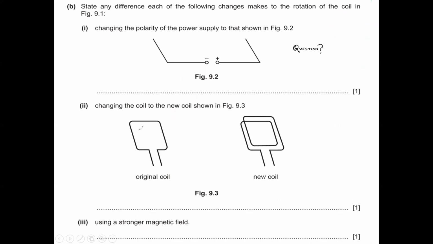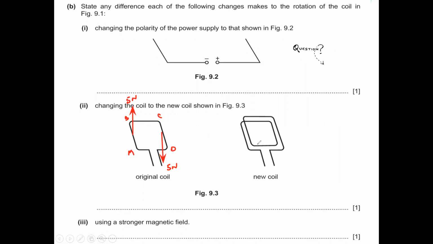For example, if I say each side is experiencing a force of 5 Newton when there's a current passing through, this side is A and B, and this is side C and D. A and B is experiencing an upward force, and C and D is experiencing a downward force. A and B is experiencing 5 Newton upward and C and D is experiencing 5 Newton downward. And the coil will rotate.